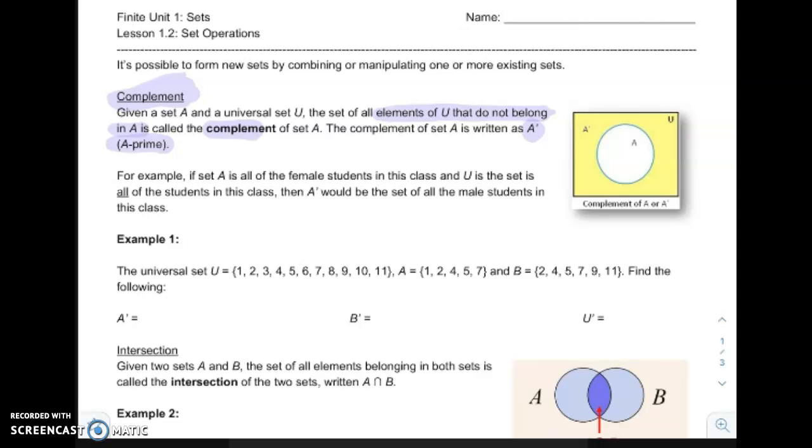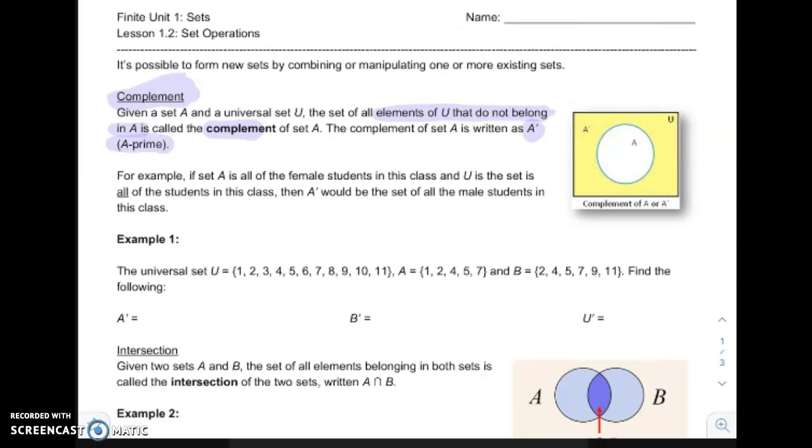But if I want all of the numbers outside of the circle, I would ask for A prime, or the complement of A, which is why it's highlighted yellow. An example is if set A is all female students in this class, and U is the set of all students in this class, then A prime would be the set of all male students in the class, so the opposite of the female students.